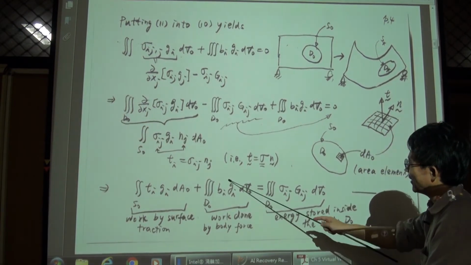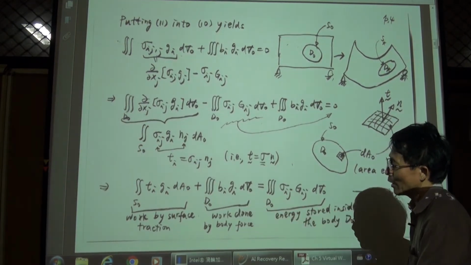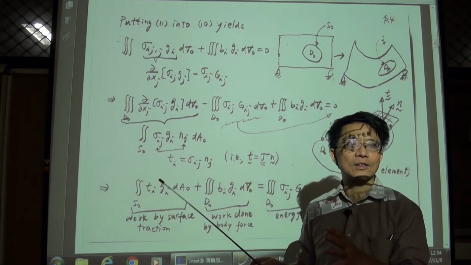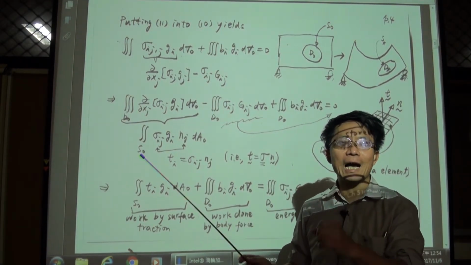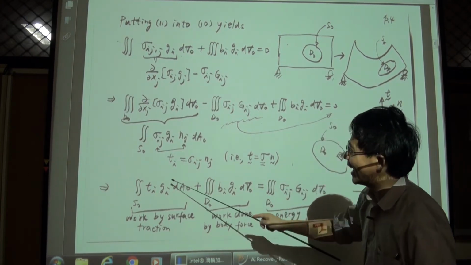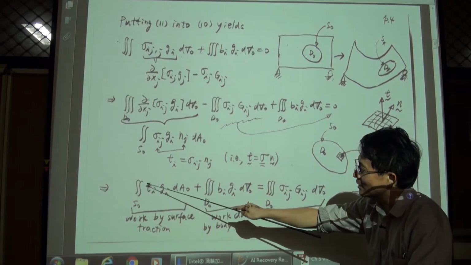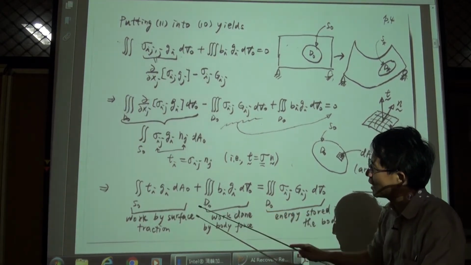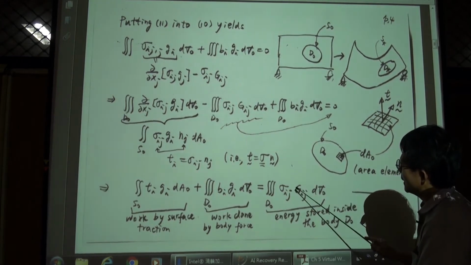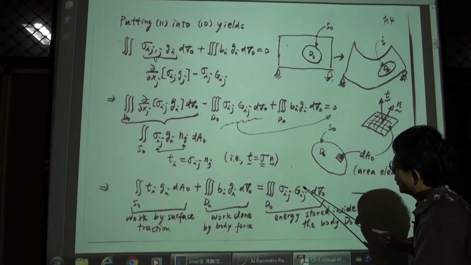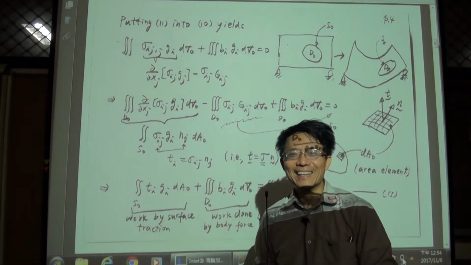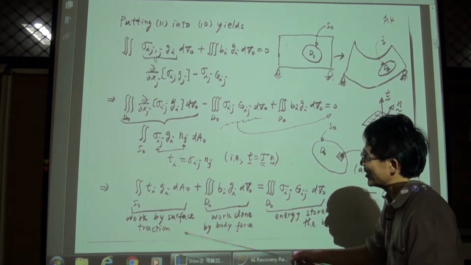Of course, we can interpret Gi as the virtual displacement. If Gi is the virtual displacement, this is traction times the virtual displacement, this is the body force times the virtual displacement, this is the stress times the virtual strain, then you will feel more comfortable, and this is the virtual work.